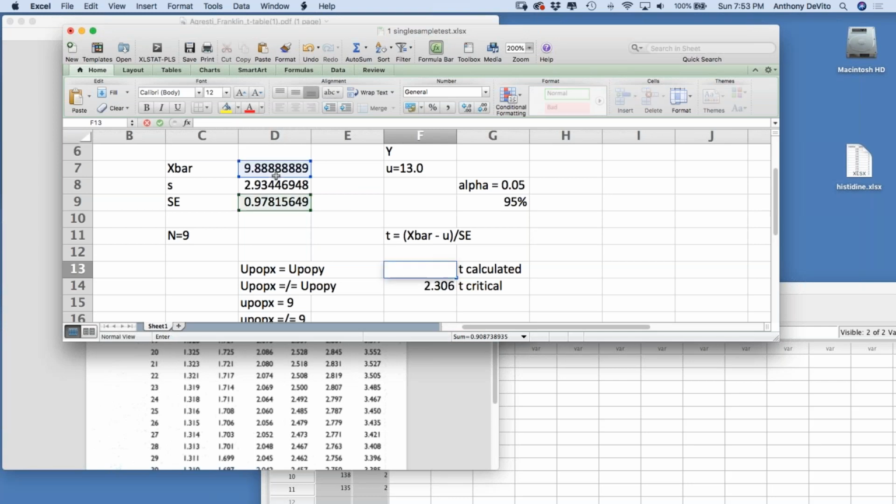Instead, we would have had 9.88 minus 13, in parentheses, and I'm going to divide by the standard error. The standard error is here. See how many standard errors apart this is. This is 3.18 standard errors apart.